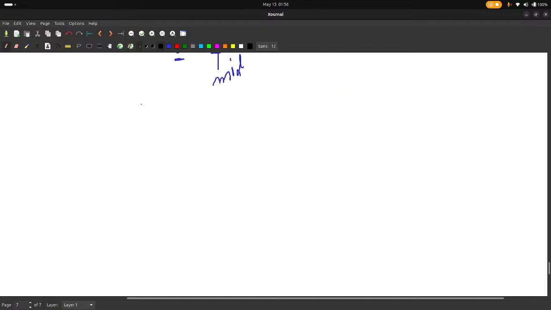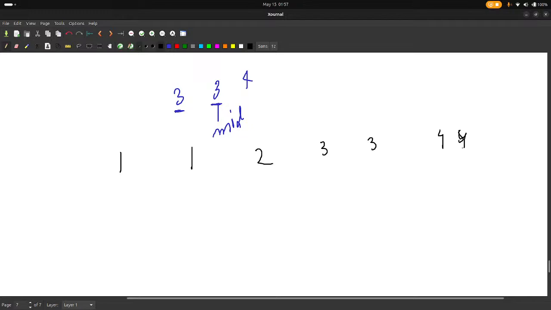Okay, let me write the example again: 1 1 2 3 3 4 4. Also write the indexes 0 1 2 3 4 5 6, and this is my mid. See one thing clearly.